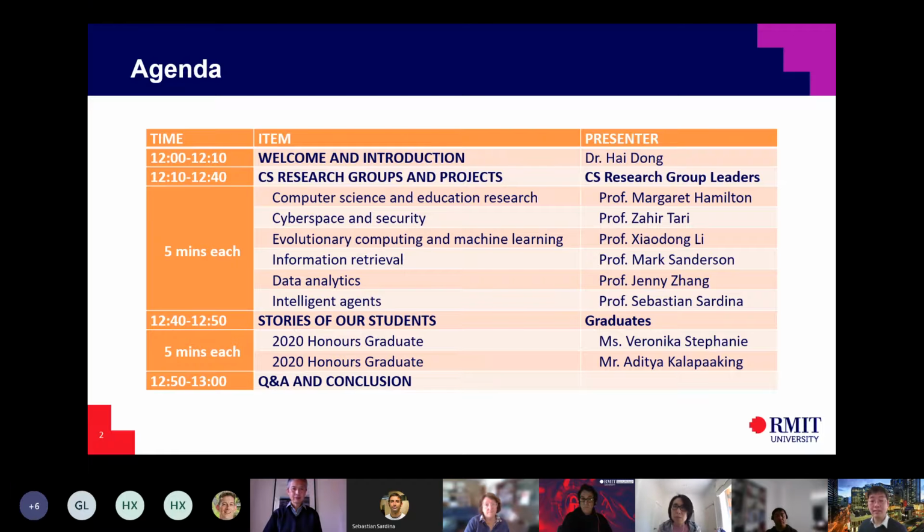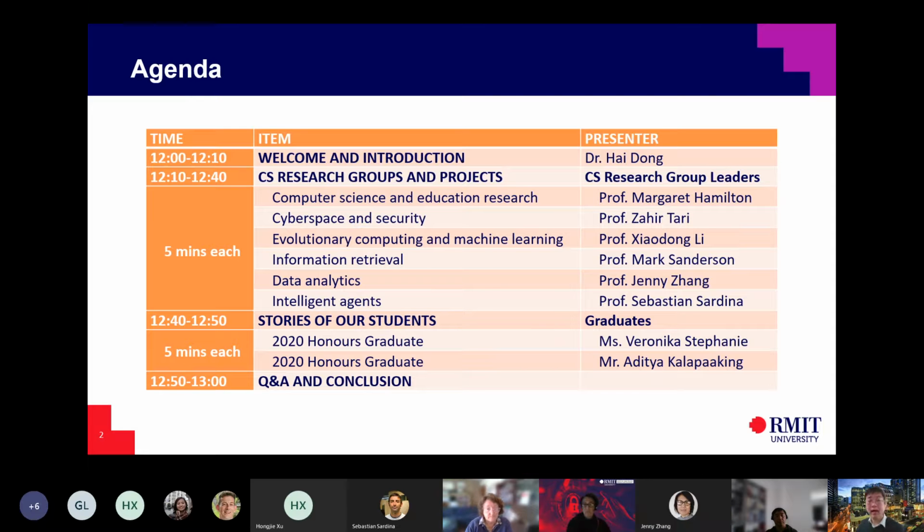Next, our 6 computer science research group leaders will give short presentations about their research groups and briefly introduce their representative research projects conducted in the groups. Next, our 2 past honors graduates will share their successful stories. Finally, we will have a short Q&A session, and I will conclude the session today.